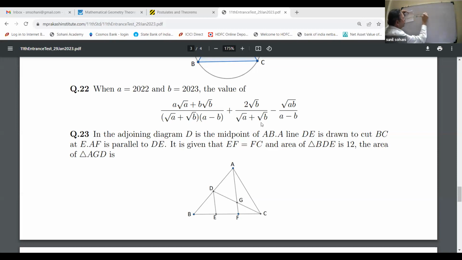This is the denominator, taking LCM, completing the numerators of the three fractions.